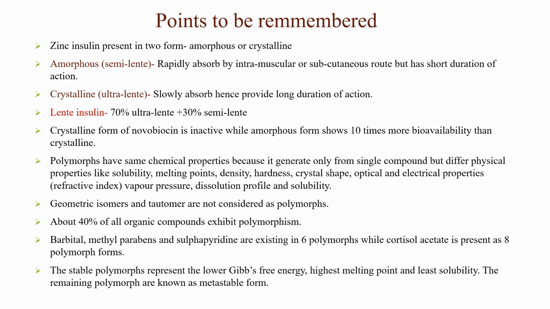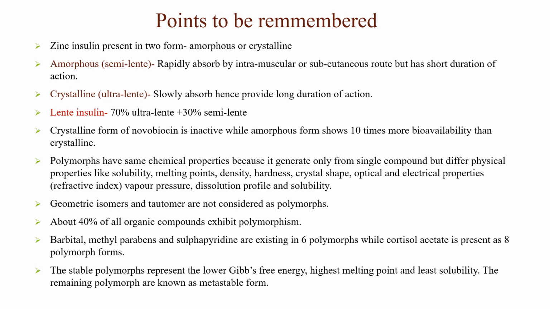So here we can see that both forms have some advantages and also some disadvantages. Amorphous form is readily absorbed, but it has a short duration of action, and the crystalline form is slowly absorbed, but it has a long duration of action. So we formed a combined formulation like lente insulin.